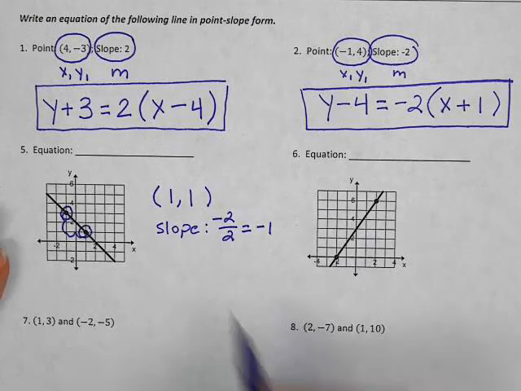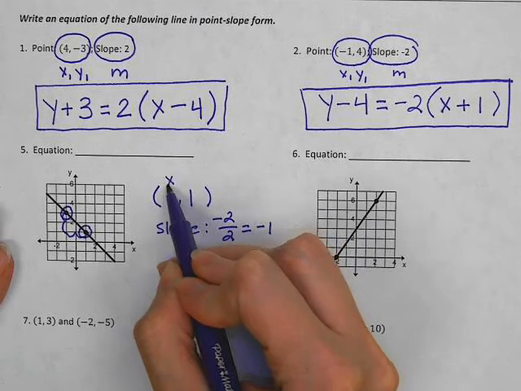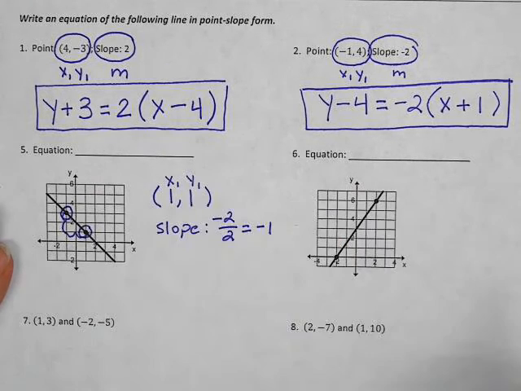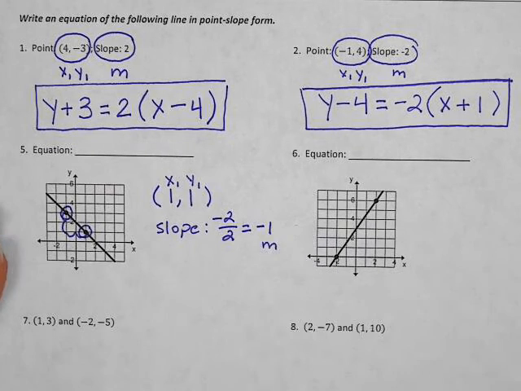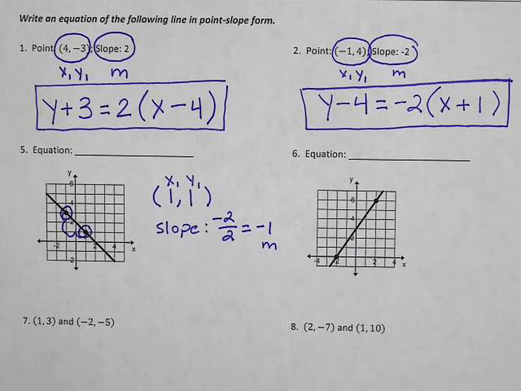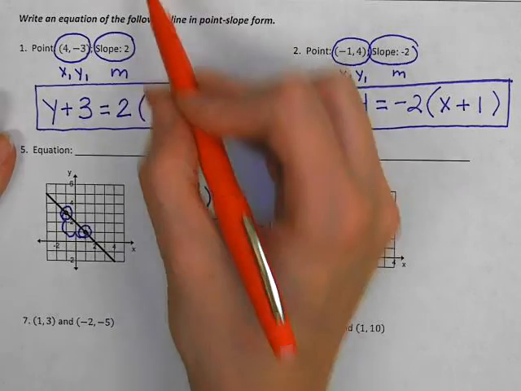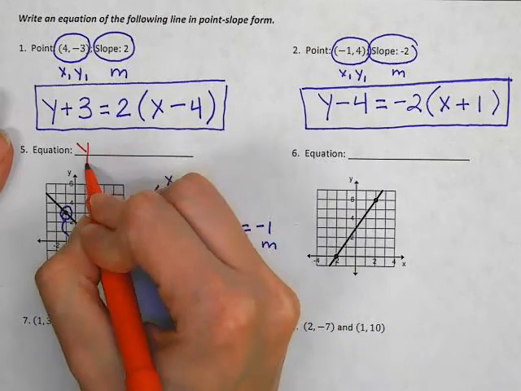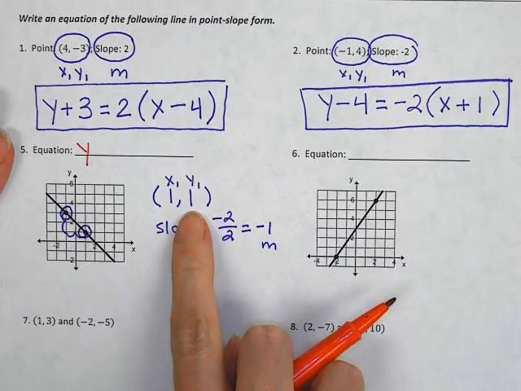All right, I think we're good. Our point is the x1, y1, and our slope is the m. And I'm going to change colors so it doesn't mix in with this one. So to follow the formula, it's y minus y1.